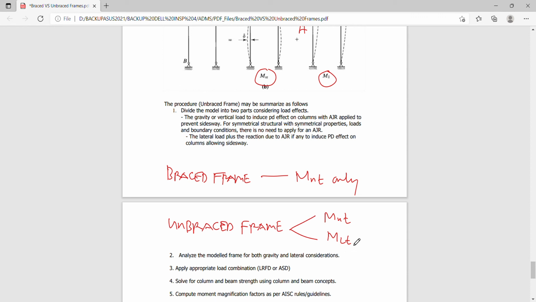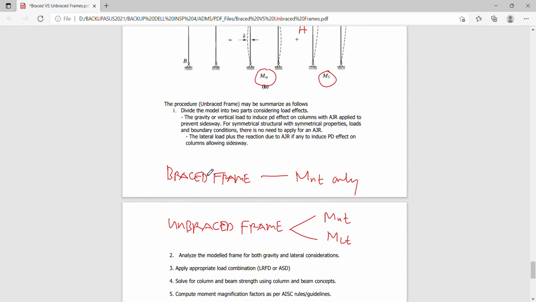Okay? So when you say you have an unbraced frame, you have to consider both the no translation behavior and the lateral translation behavior.